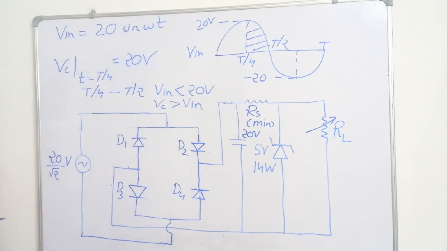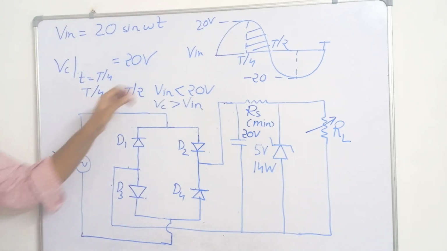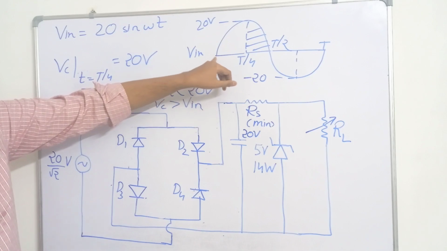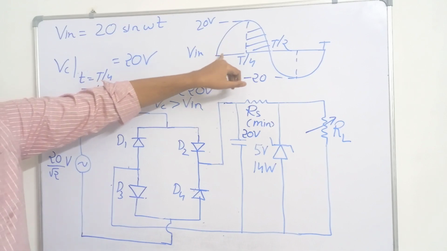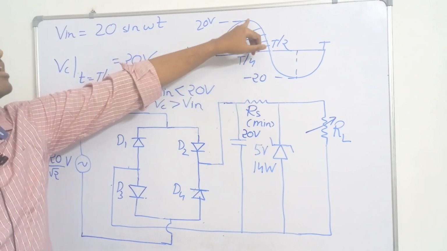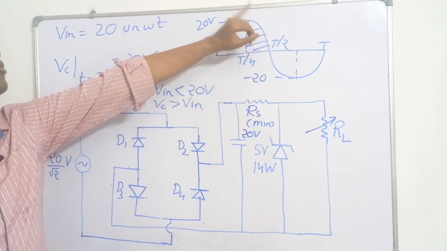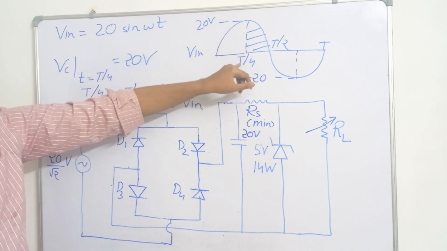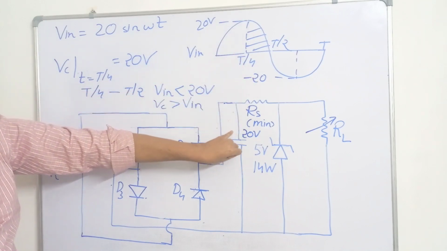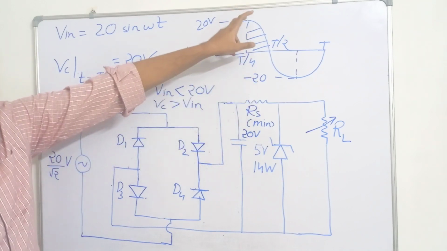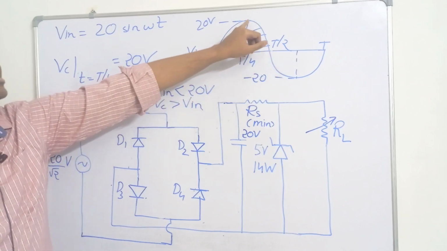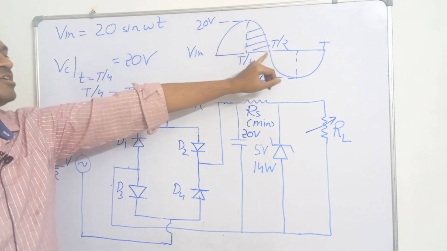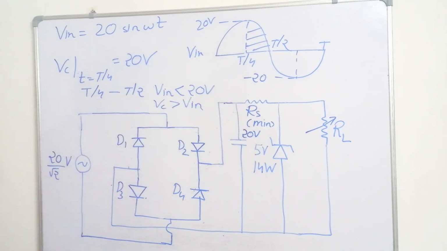So the capacitor voltage will now dominate the input voltage. V in started rising from time 0 and at T by 4 V in reached its maximum value 20 volt, and at T by 4 the capacitor got charged to 20 volt. Then from T by 4 to T by 2, V in will fall from 20 volt to 0, but the capacitor voltage will not fall.